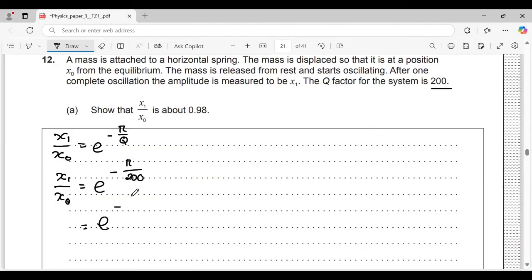The result is 0.015700795. On my calculator, e power this number gives 0.9844, rounded to 0.98.